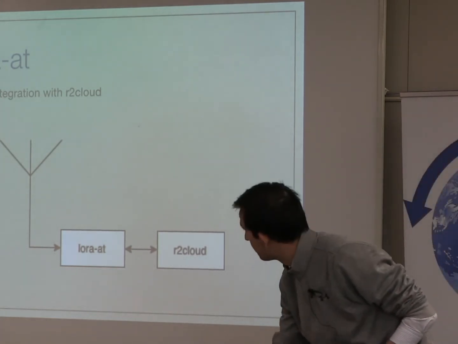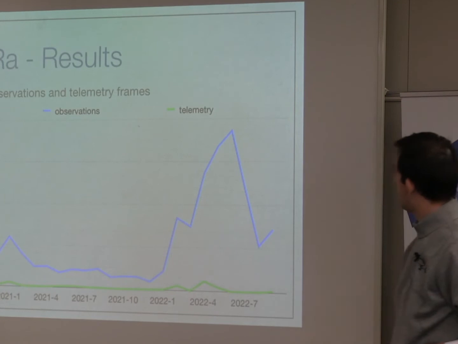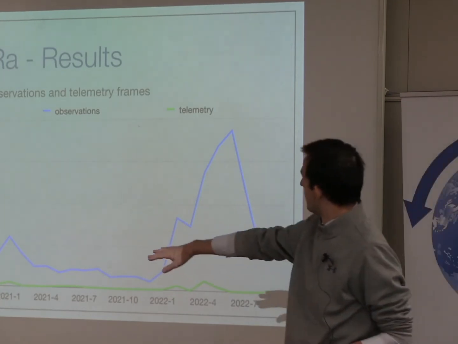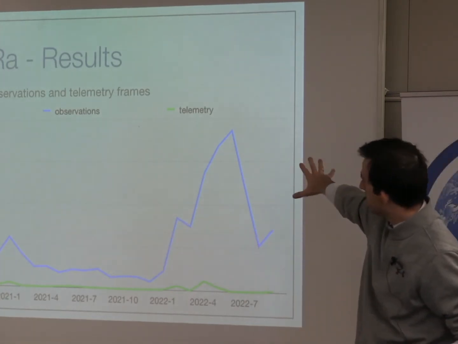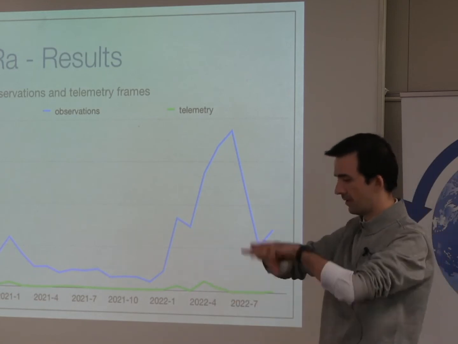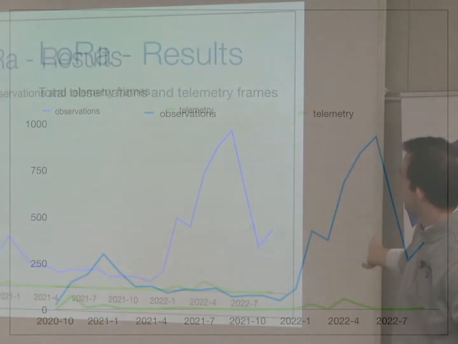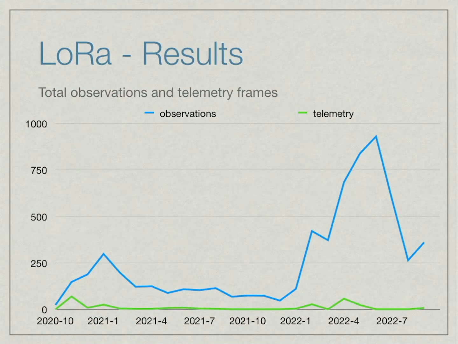And after I implemented it, the blue line is the number of observations going on the whole LoRa data network. As you can see, there were some steady times where it was just normal. Then a sudden spike. I suspect it is the new satellites launched this year.